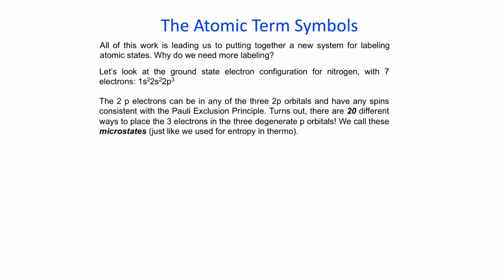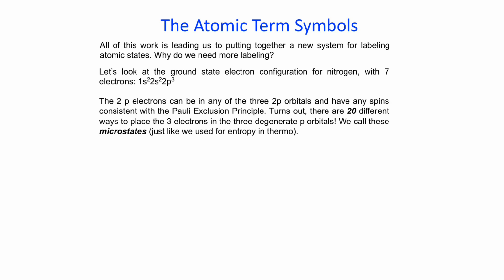Those 3 2p electrons can be in any of the 3 2p orbitals and have any spins as long as they're consistent with our Pauli exclusion principle. So we still can't violate our paired spins in one orbital. They still have to be spin up, spin down if they are in the same orbital. But other than that, they can occupy any one of the 3 orbitals.